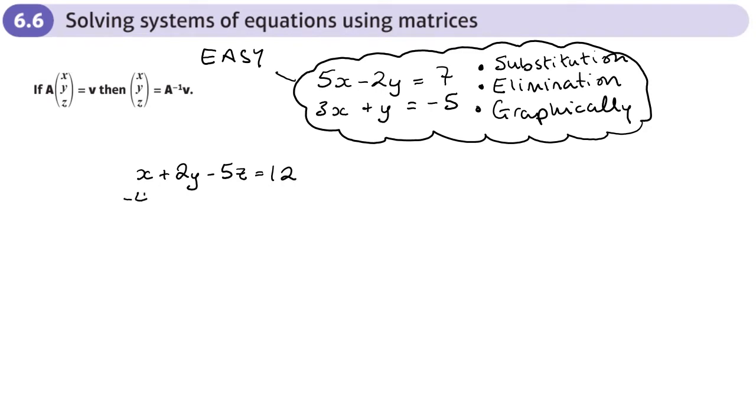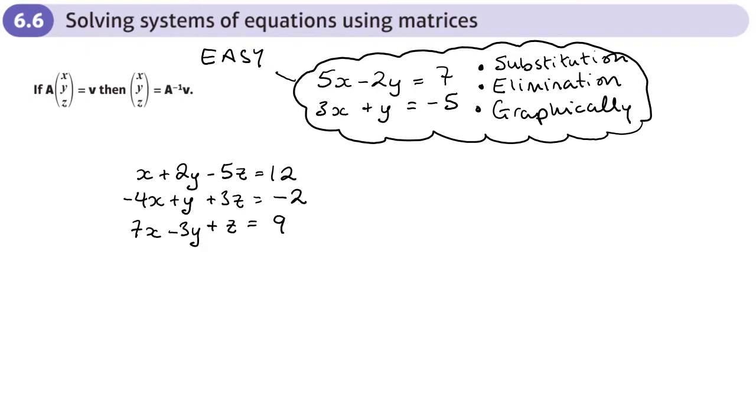Negative 4x plus y plus 3z equals negative 2, and a third equation might be 7x minus 3y plus z equals 9. That's quite tricky to solve.